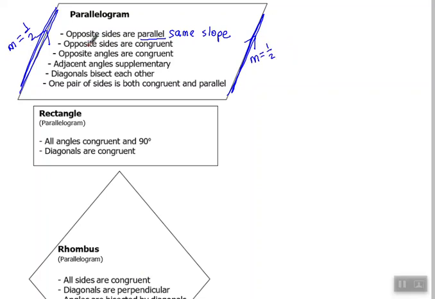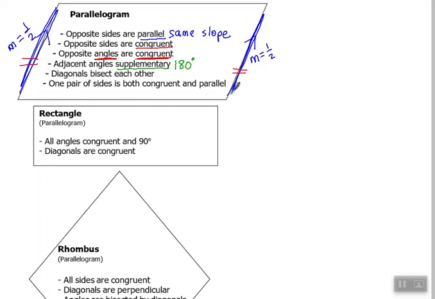We will also remember that opposite sides are congruent, so this length is the same as this length. Opposite angles are also congruent. Adjacent angles are supplementary. So remember, supplementary means that they add up to 180 degrees.